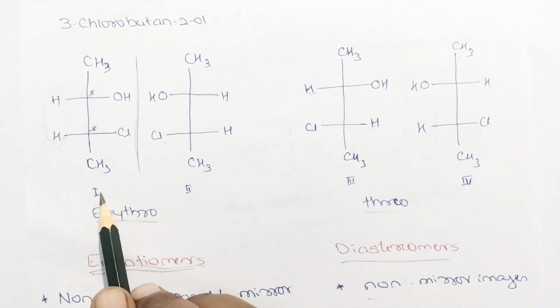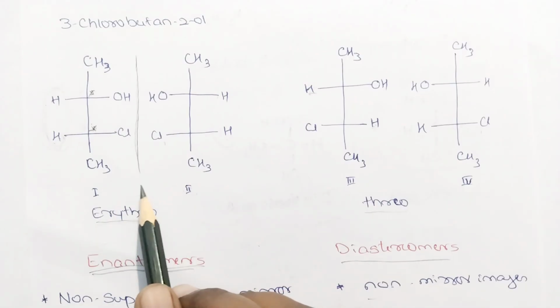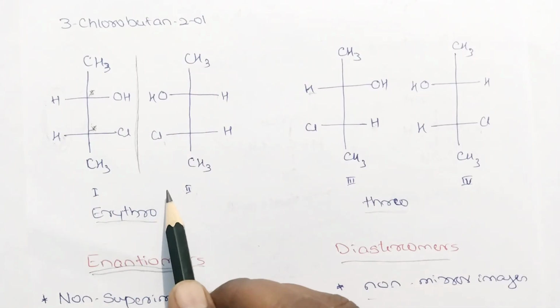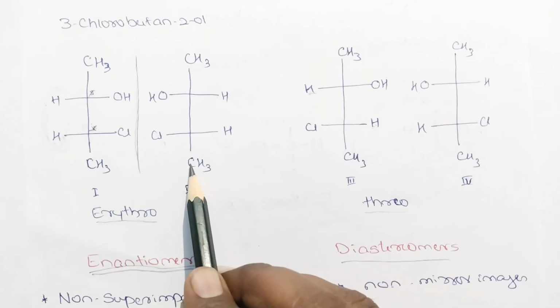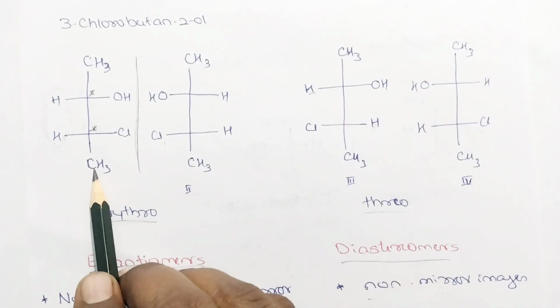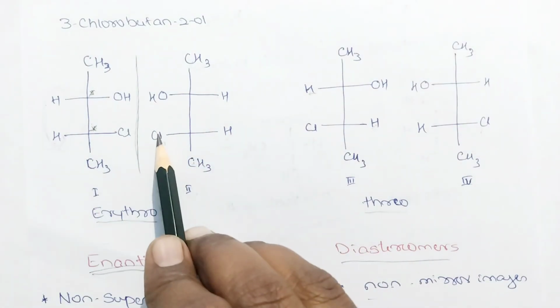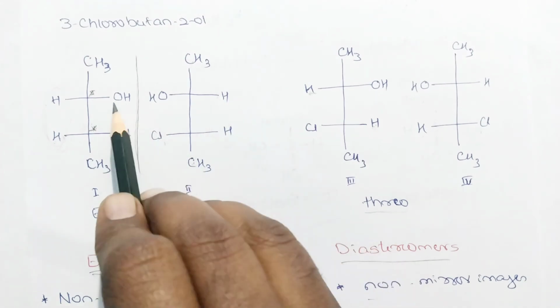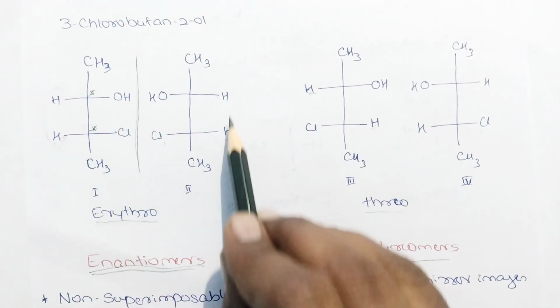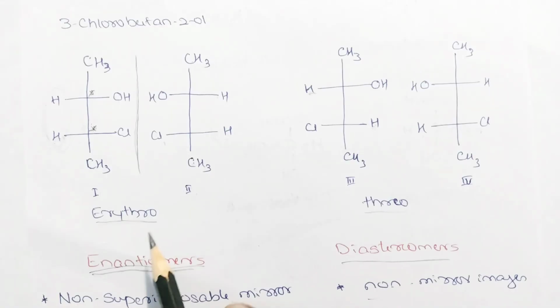This is the mirror image of this, but these are non-superimposable mirror images, because if you place this compound on this, CH3 goes on CH3, but OH will be on the hydrogen, Cl will be on the hydrogen, H is on the OH, H is on Cl, so these two compounds are non-identical, meaning non-superimposable. These are mirror images, but they are non-superimposable. Hence these types of molecules are called enantiomers.